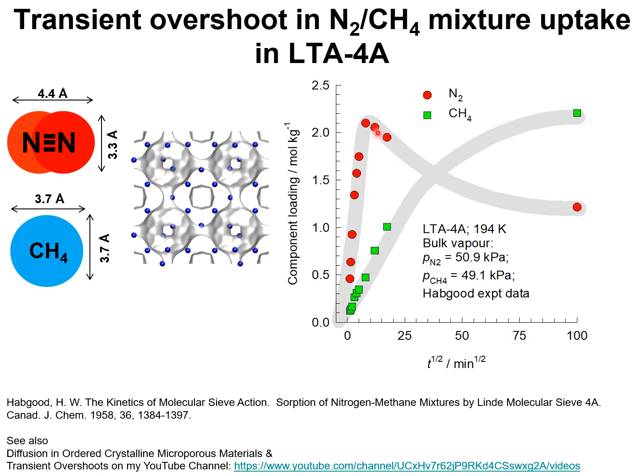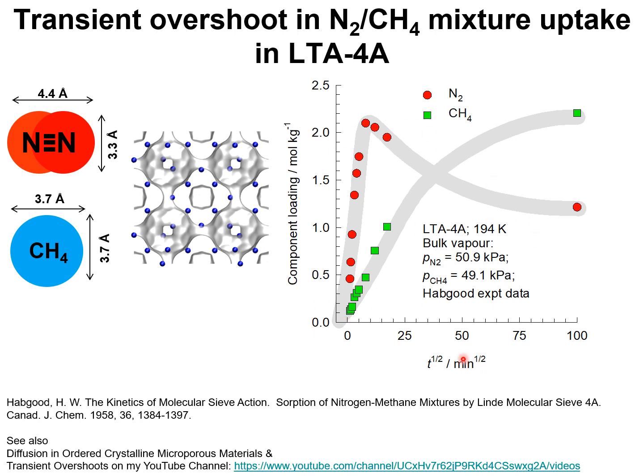The attainment of supra-equilibrium loading during the initial stages of the equilibration process is due to the significantly higher diffusivity of nitrogen. Indeed, the occurrence of transient overshoots is essential for this kinetically driven separation of nitrogen and methane.